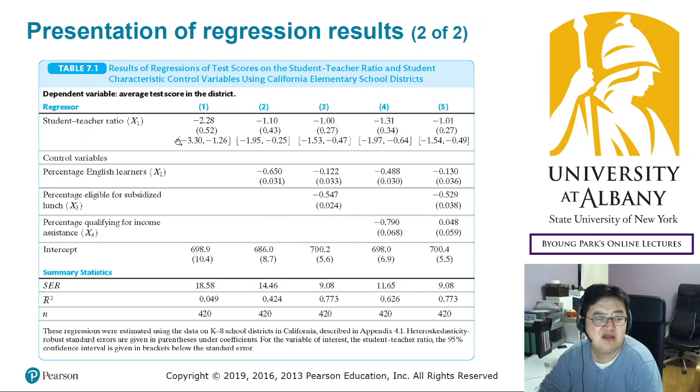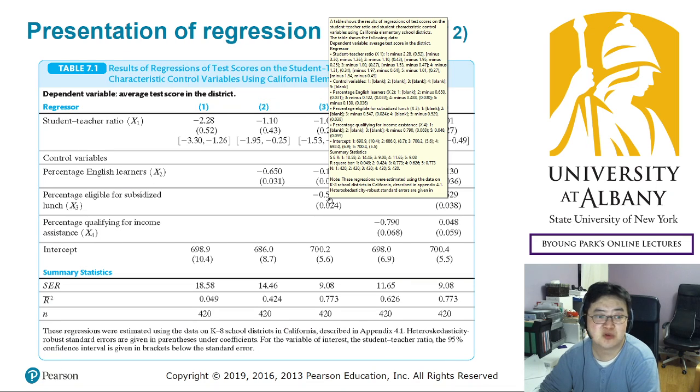But I don't think it's good, it doesn't look clean, so I don't think it's helpful. Because if you know the estimate and the standard error, it is very easy to calculate the confidence interval yourself. So I don't think confidence intervals are helpful in the presentation, but the standard errors are still important.